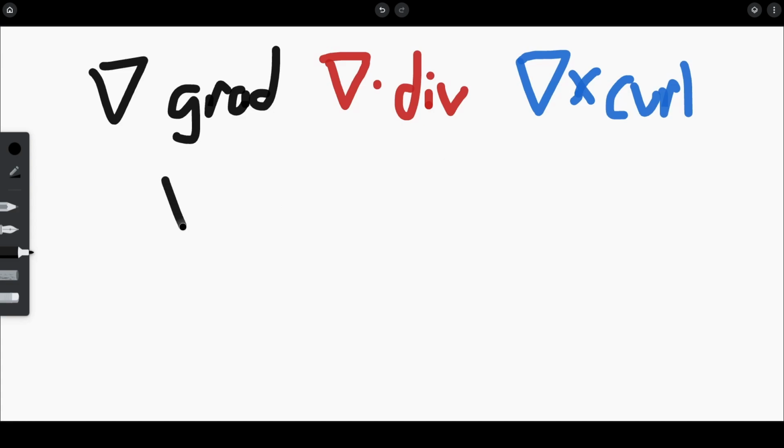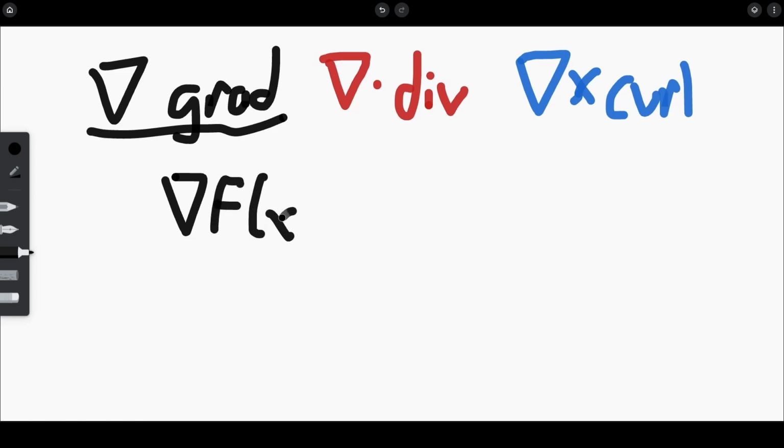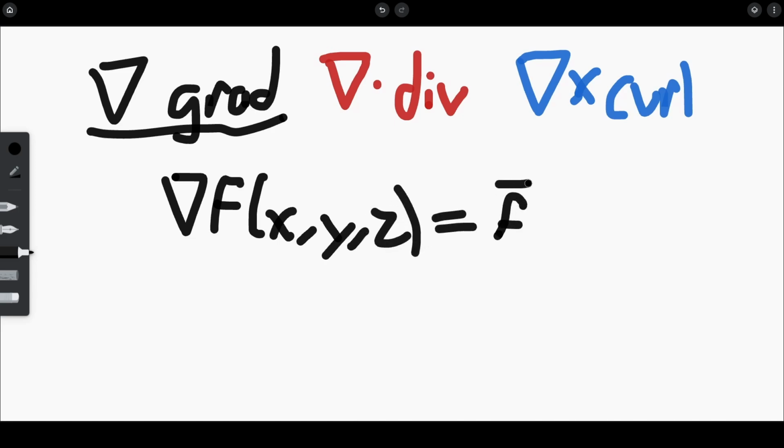And first up is the gradient. The gradient takes a scalar function, f of x, y, z, and you get a vector field output. And it's super easy to calculate, really.